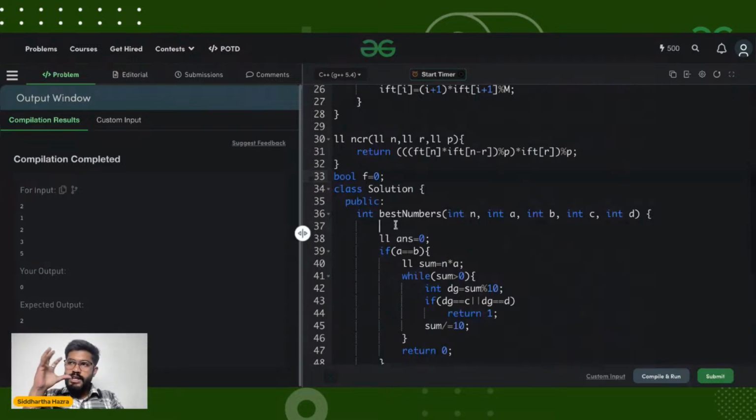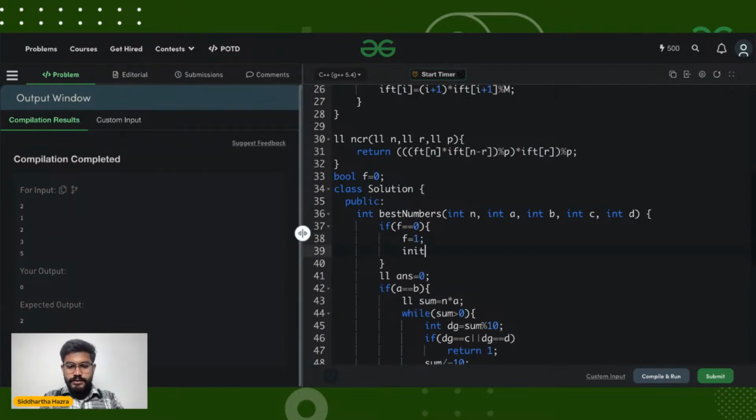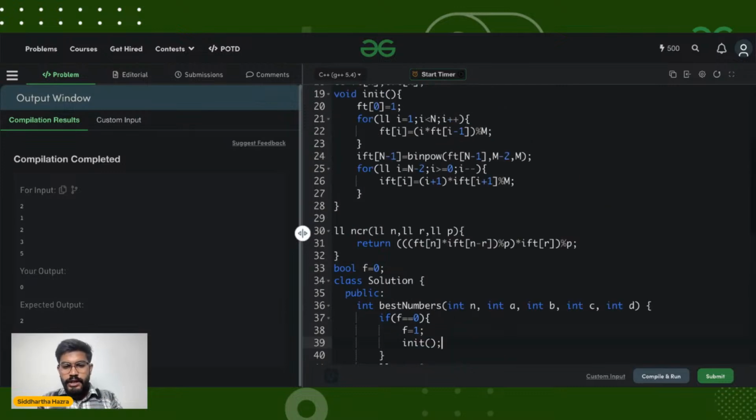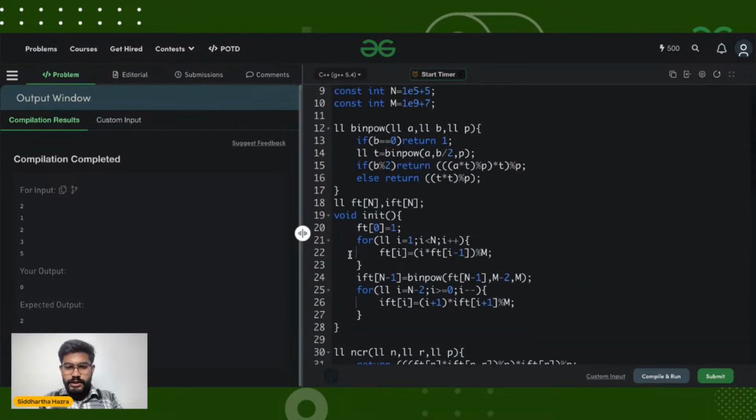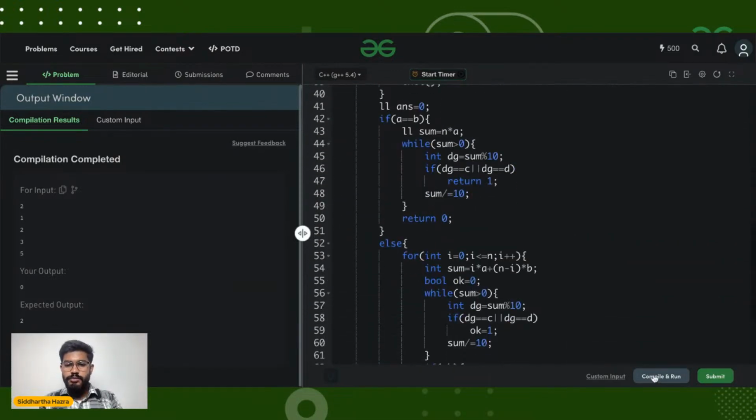If f is equal to 0, then only I would set f equal to 1 and call init. And init would do everything. Now let me just compile and run.